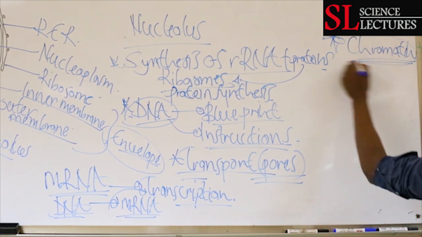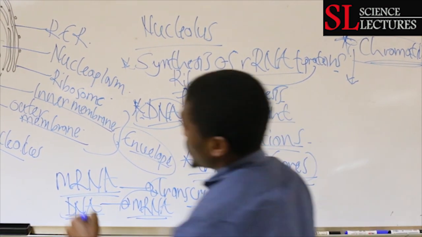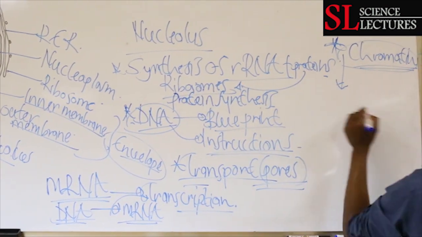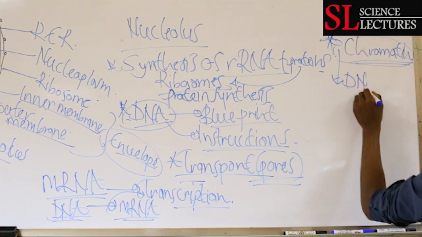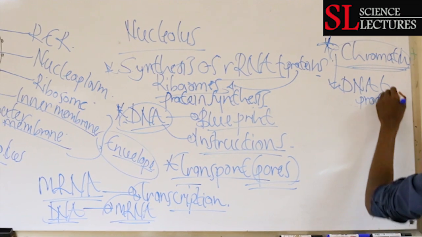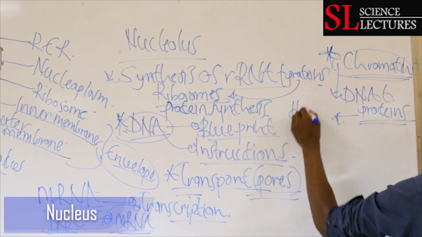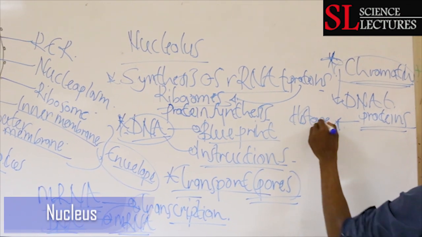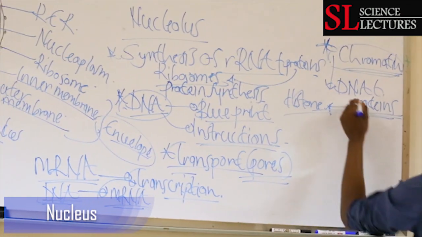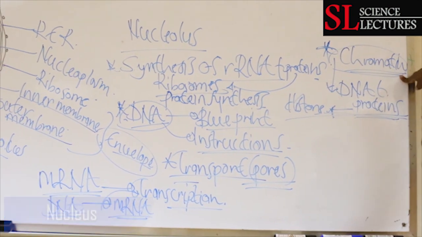Chromatin is a combination of DNA and proteins, and these proteins are histone proteins. So a combination of DNA and histone proteins forms what we call chromatin.